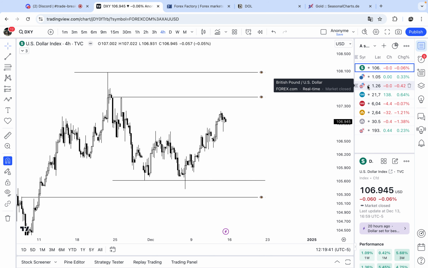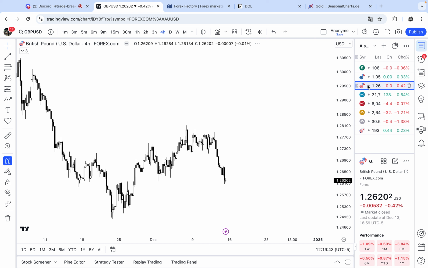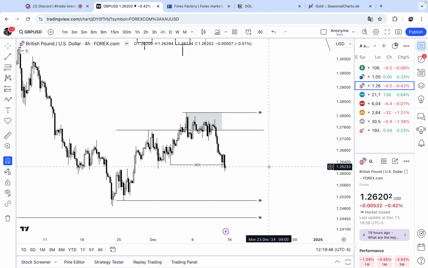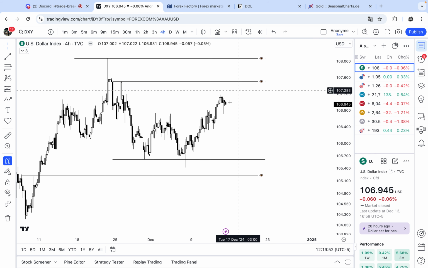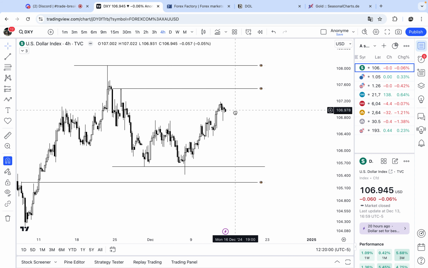For example, on GBP USD, we are still bearish, right? That's why we are still bullish on the DXY, because it's a correlation, right? Negative correlation.